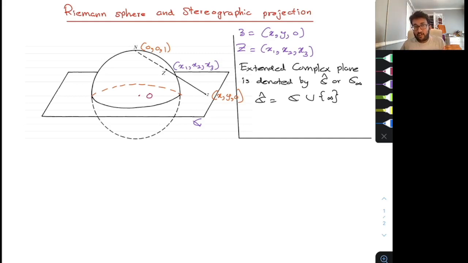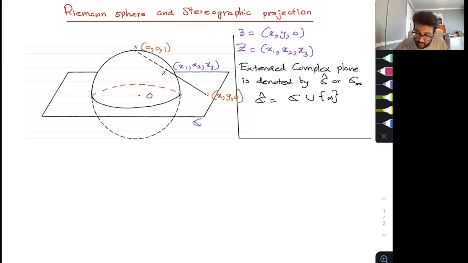While I was drawing this line, it hits the sphere at capital Z. So you can choose any point in the complex plane, and all you need to do is draw a line which passes through the north pole and the complex number. Then at one point of the sphere, that line hits the sphere.